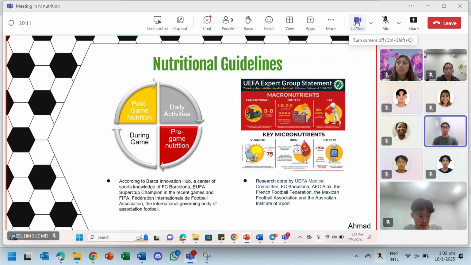And on the right is a guideline from the UEFA expert group statement to show how much macronutrients you have to consume in a day, and the key micronutrients to support your body functions, to have sufficient energy before any training and to replenish your body after any training.